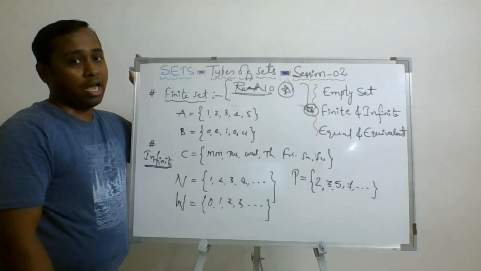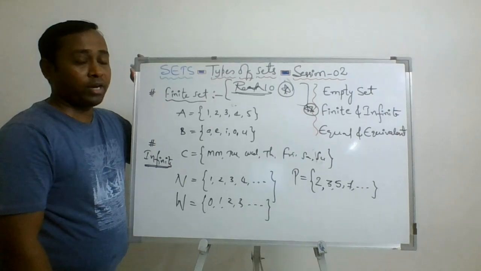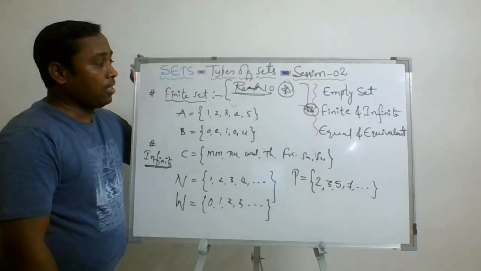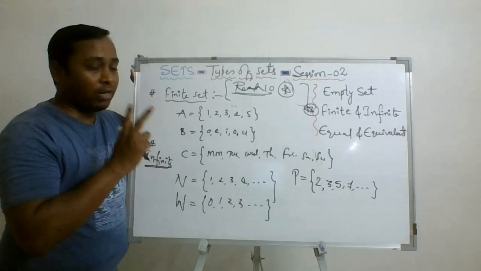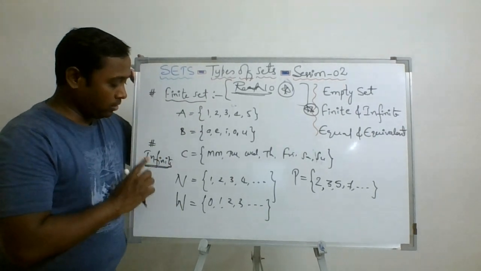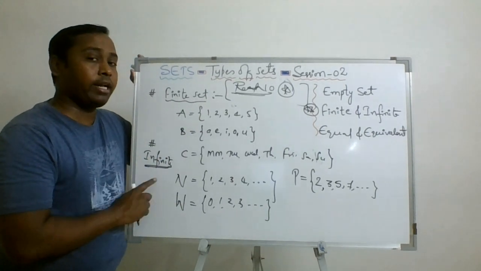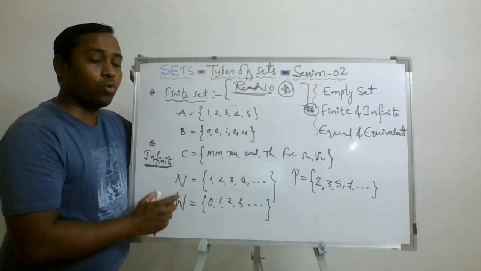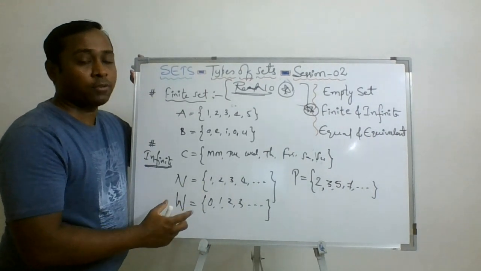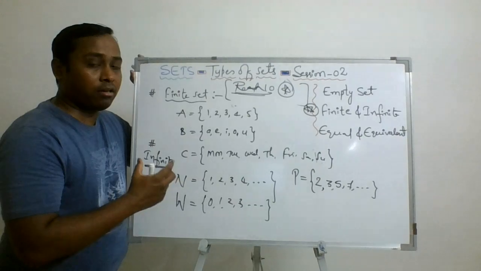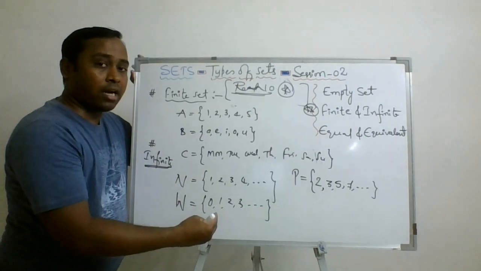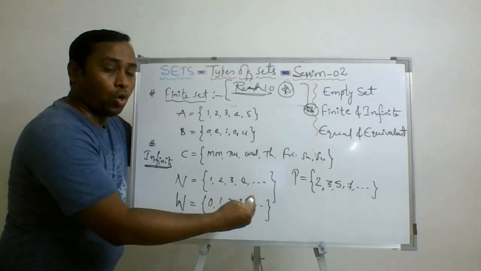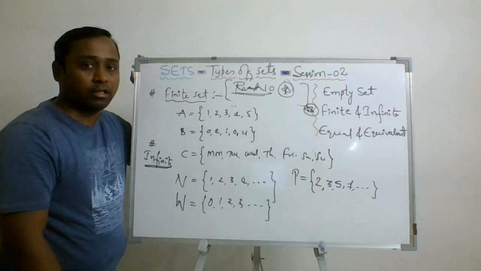You have to remember this point very carefully. As a special note, there are two points we have discussed in this topic. One is about the infinite set: while writing it, we list only three or four elements which clearly give the pattern they are following, and then write three dots to finish the set. Nothing else.